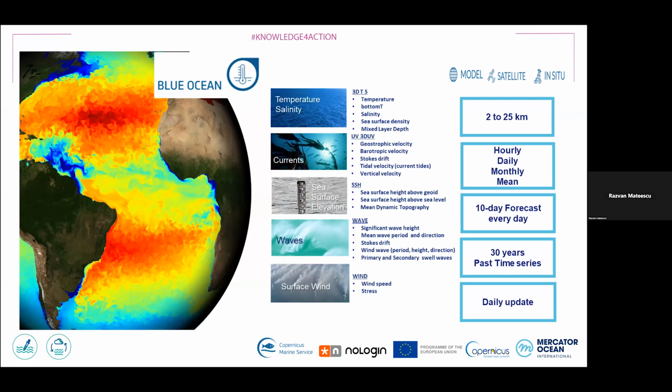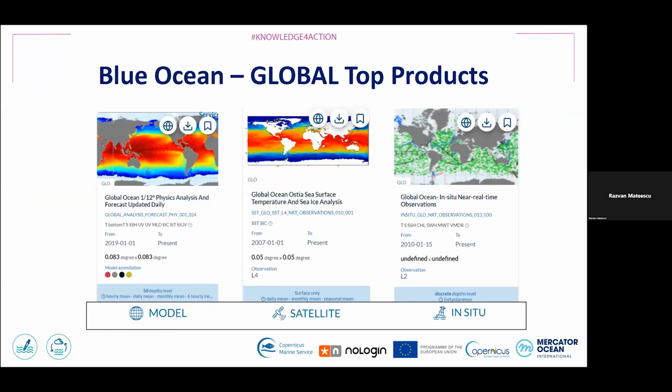You can have a spatial resolution from 2 kilometers to 25, but also temporal resolution of hourly, daily, or monthly means, together with some forecast, starting from everyday forecast to up to 10 days forecast. So all these for a time series of years, so almost 30 years. All these daily updated.